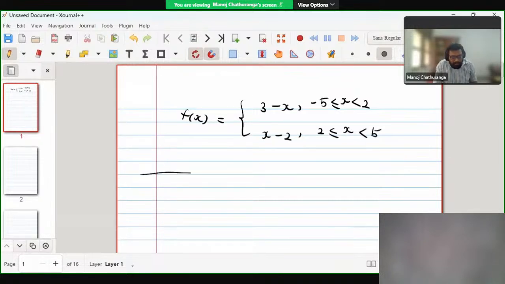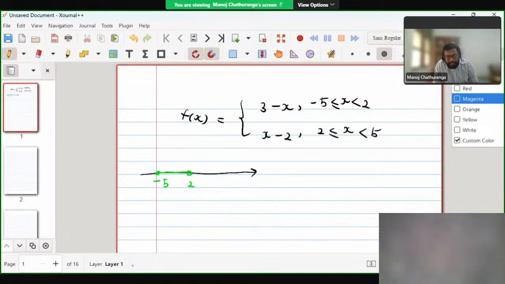The first definition is valid from -5 to 2, then the second definition is valid from 2 to 5.